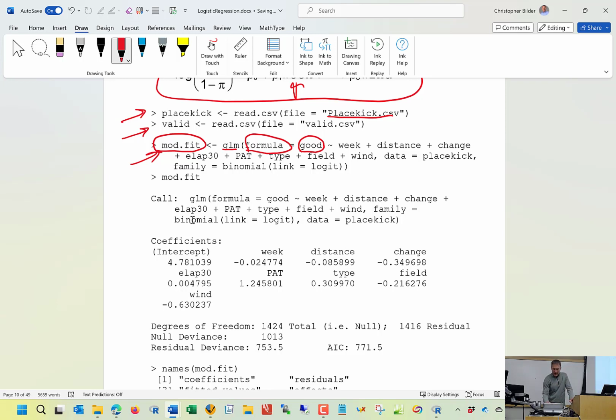Then tilde, and then I separate my independent variables by plus signs. I just simply write them all out. I specify where my training data is by just using the data argument. And then lastly, for the family argument, I need to tell R that I want a logistic regression model.